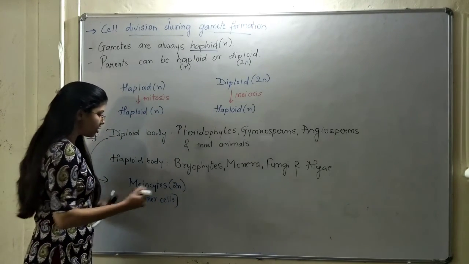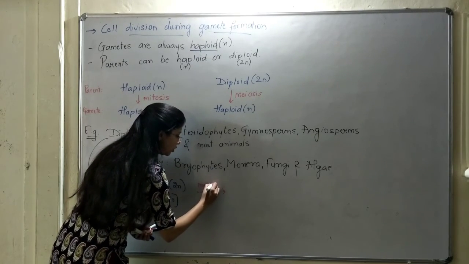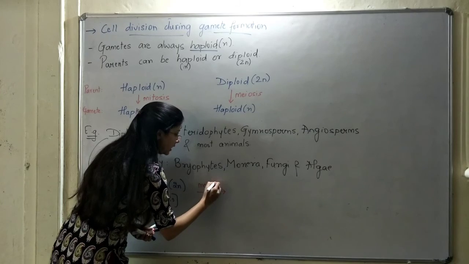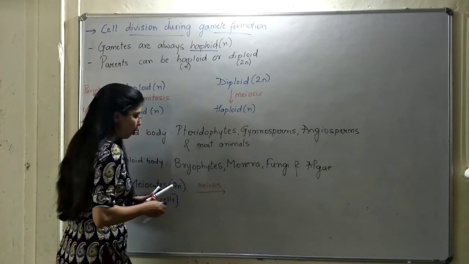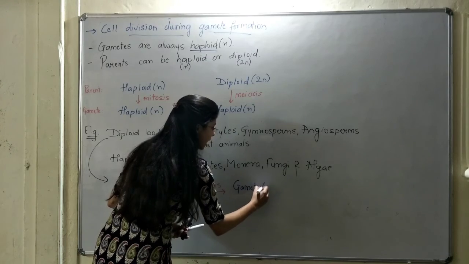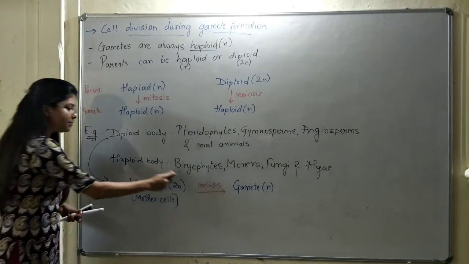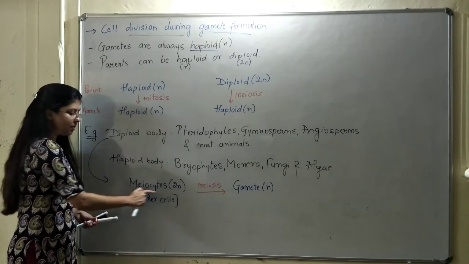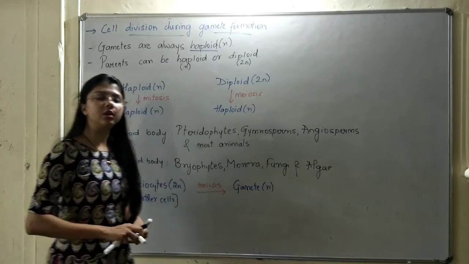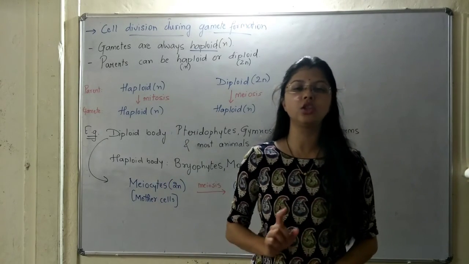So these cells, called meiocytes, by simple meiotic division will divide to form the gamete, which is haploid. Okay, so the type of division always depends upon the ploidy, or the number of chromosome sets, present in the parent body.